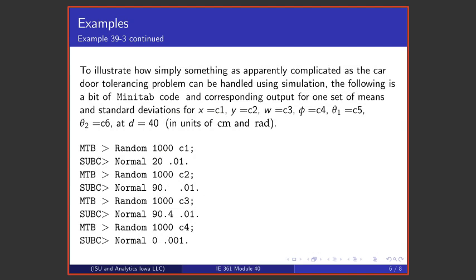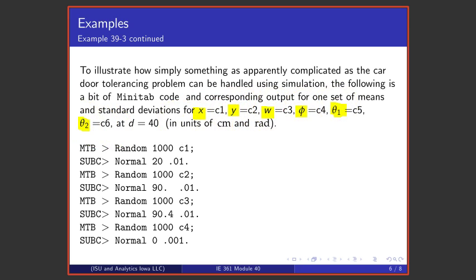To finish off this set of examples, we could go back to that car door example. I haven't put that slide in here, but you can go back to module 39 and see that there were inputs X, Y, W in 3 different angles.